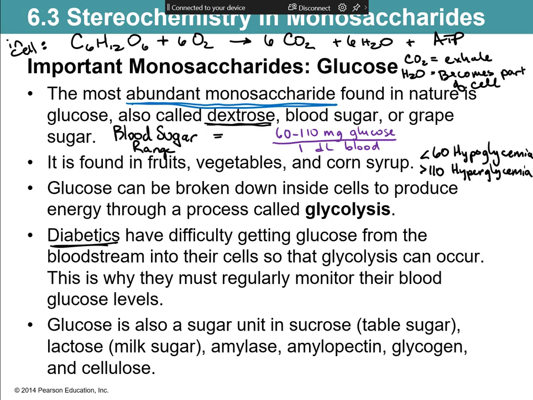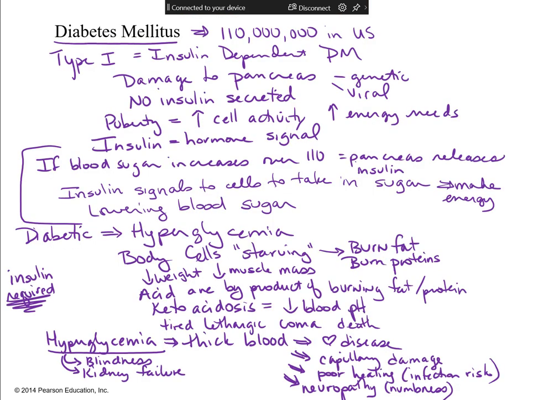Diabetics have a challenge of fighting and balancing chronic hyperglycemia. They have issues with getting glucose that may be plentiful in the blood, but getting it into their cells. So there's a couple of possible reasons for that.